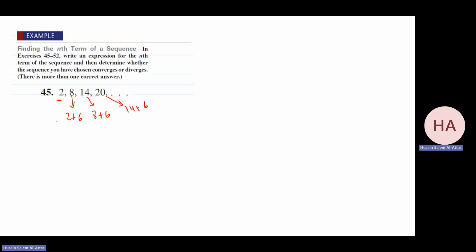I have a2, I can write it as a1 plus 6, and a3, I can write as a2 plus 6. So that means I can write a_n as a_(n-1) plus 6, in a recursive way.